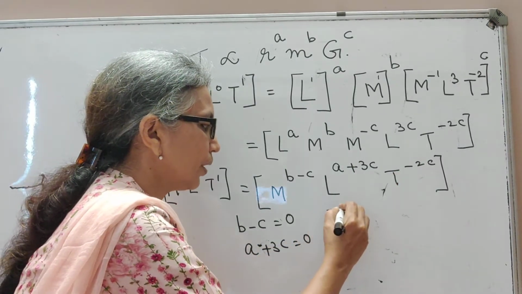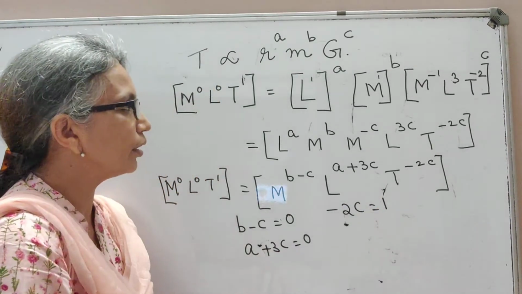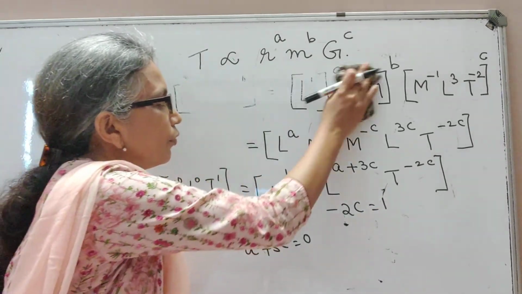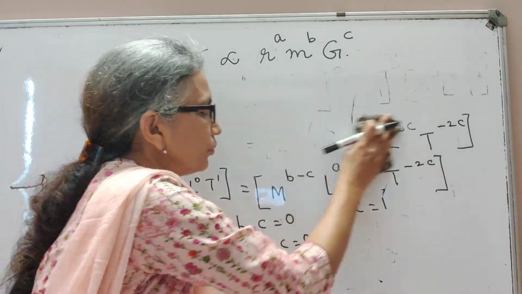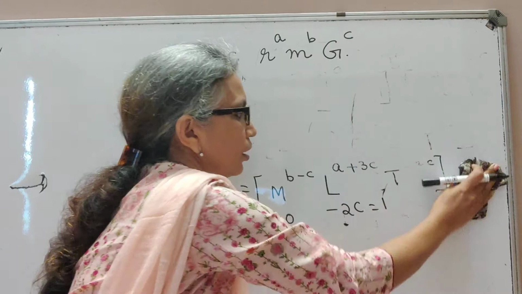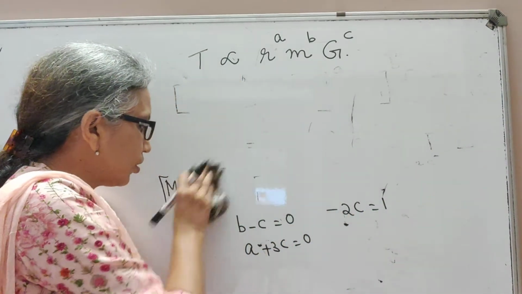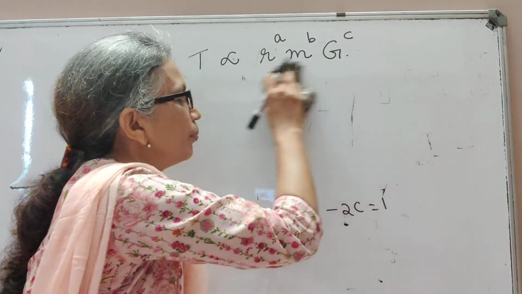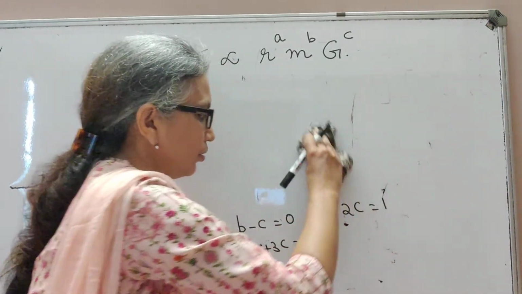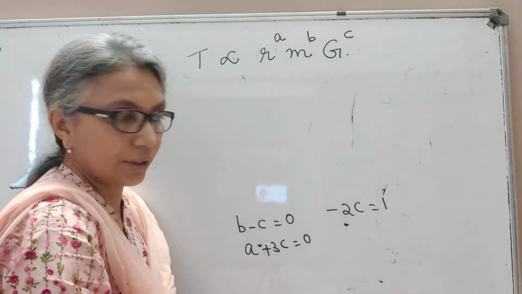So I know that minus 2C must be equal to 1. Knowing this, I can now solve for A, B and C. Solving equations for variables, I think you've done in 10th standard math. So it's not going to be difficult for you. If you do not remember, please check.